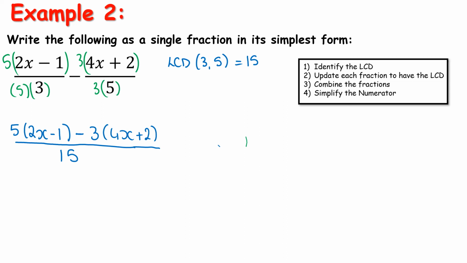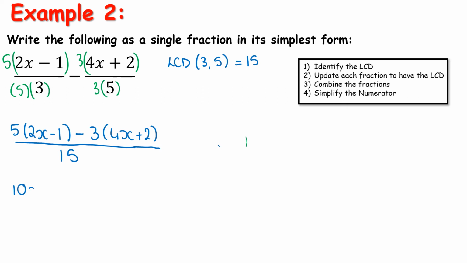That minus has to affect the 4x and the 2, both pieces of the numerator of the second fraction. So by combining it before doing any multiplication or cleanup, it will make sure that you do it correctly.